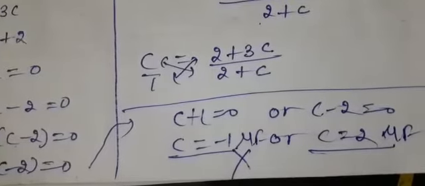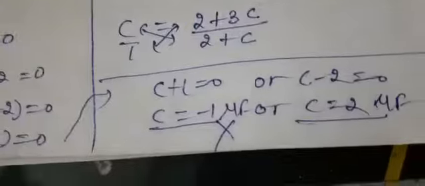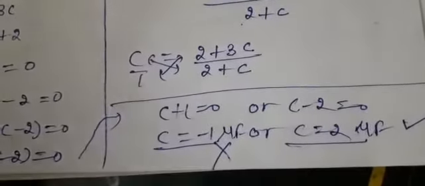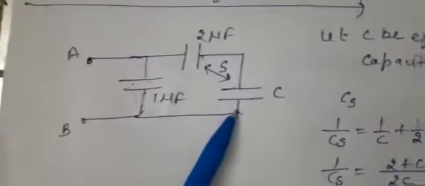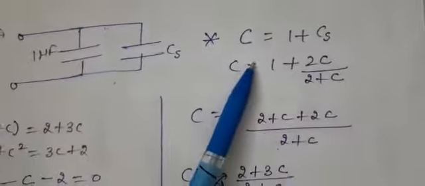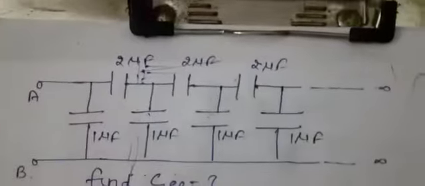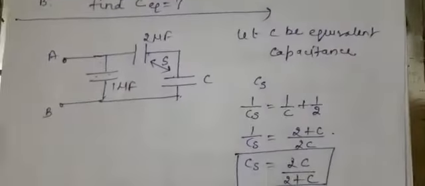Basically, the main point to understand in this numerical is that the equivalent capacitance of this complete infinite network is C, and that C will be used here as well as here when you are taking the parallel combination. See each and every step. Now it is very clear to you.